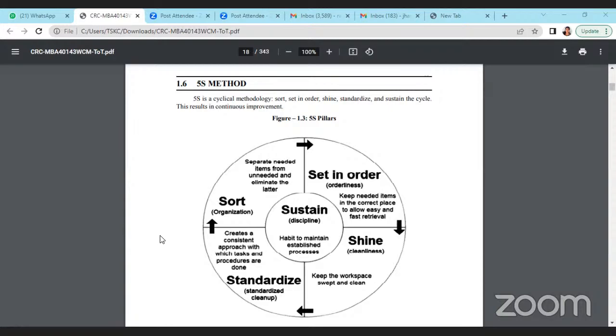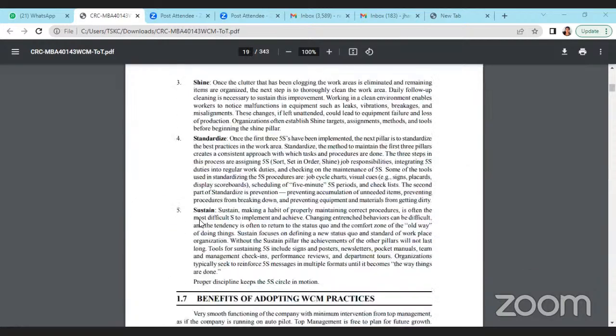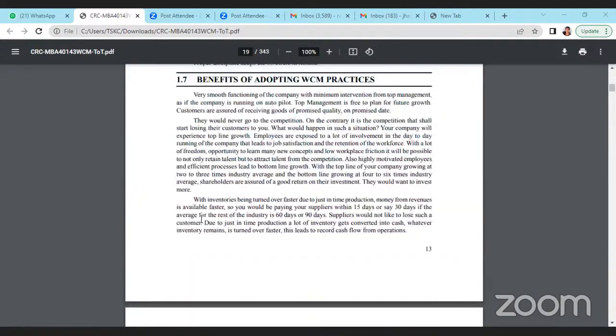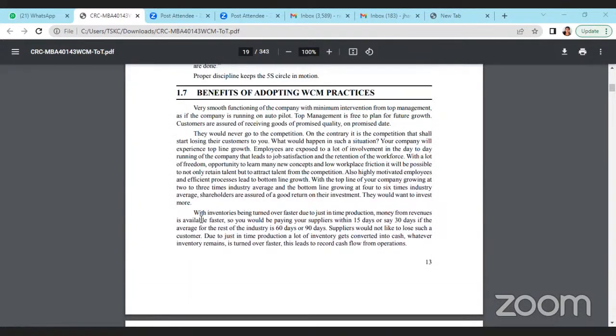Next, what are the benefits of adopting WCM practices? What happens if you follow these methods? Once you follow these methods, the organization is going to succeed, and it has more efficient and effective work, which in turn helps it achieve the expected output or production, and more money from revenues is available faster.